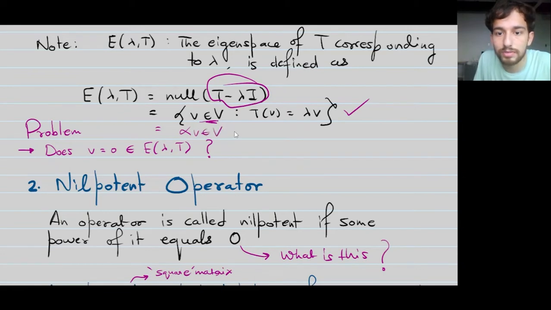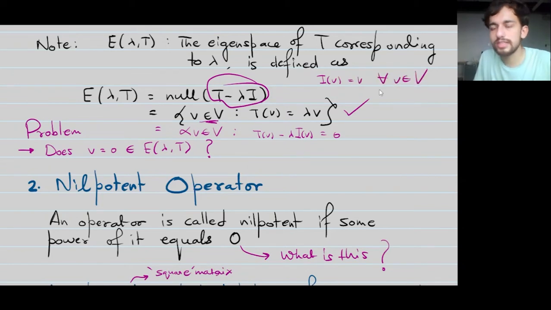For v coming from the vector space, if I write it like this, T of v minus lambda v can be written as lambda I of v. I is the identity operator. I of v is defined as v for every v in my vector space. So I just replace my small v by I of v. I can rewrite it like this, lambda I of v. Simply algebra, nothing more than that.